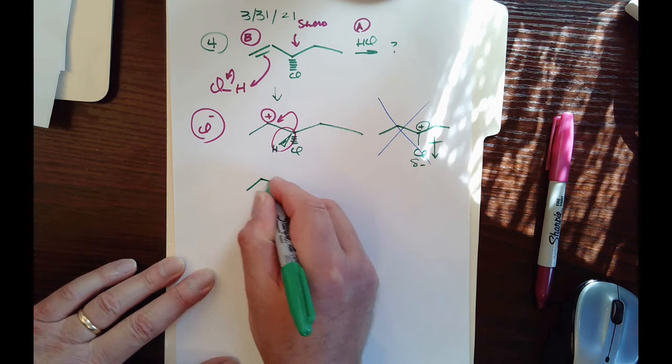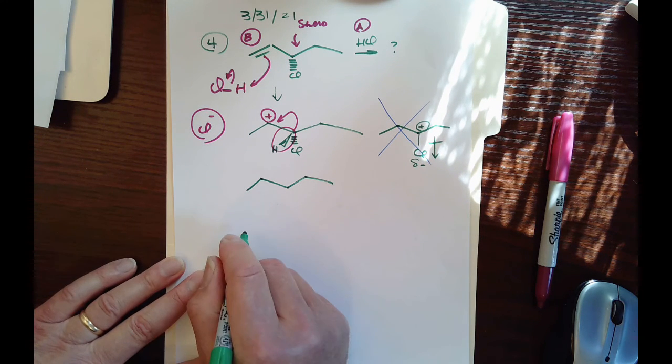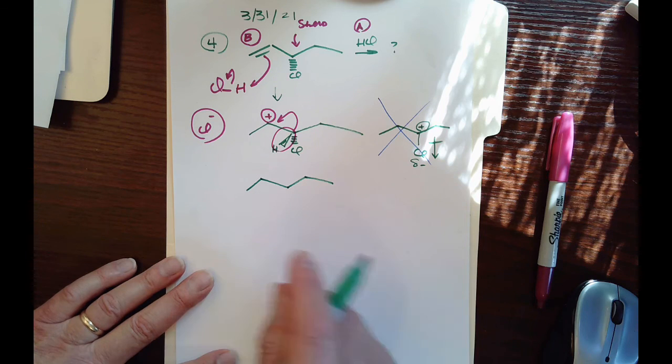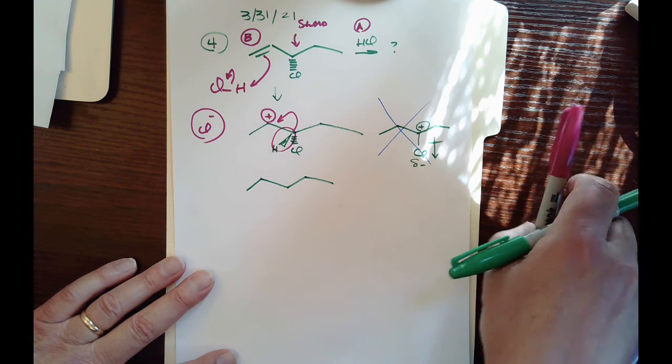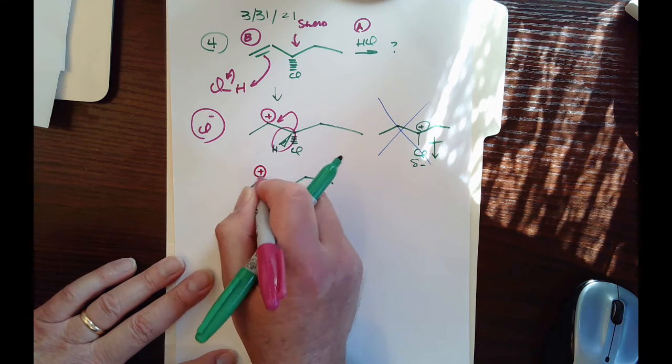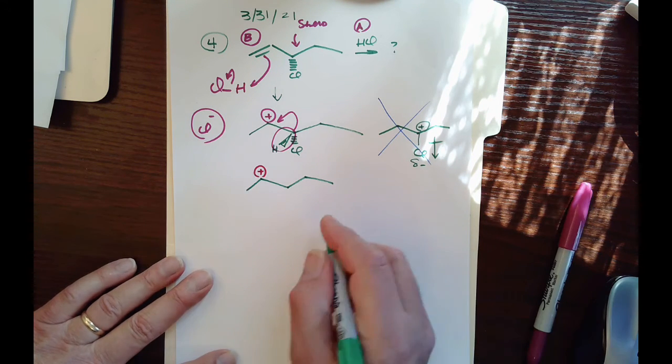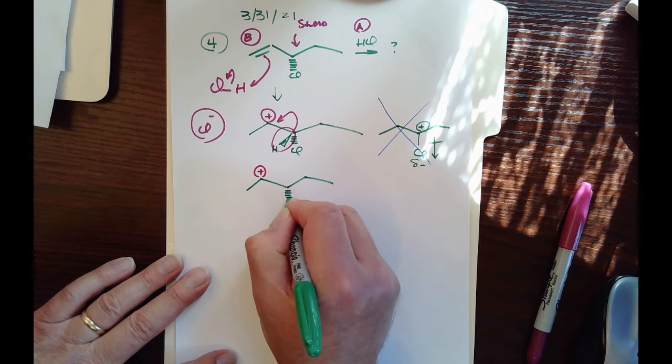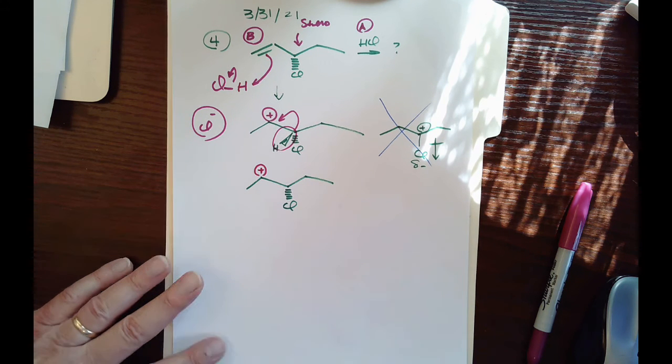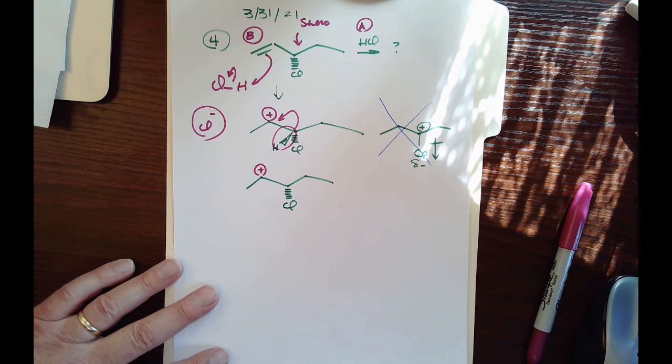So I'll redraw it. So we have a carbocation here. We did not undo anything with the Cl. So Cl is there, right? And it's going away from us. So now we have another Cl coming in.